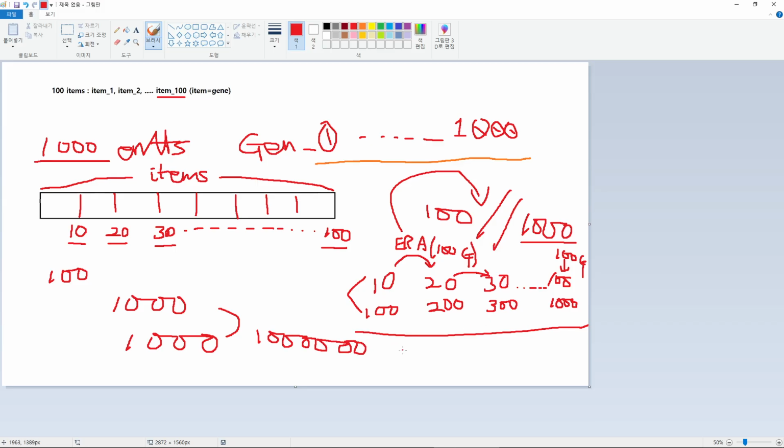But if you had 100 entities for 100 generations, that's 10,000. And then it's 200 entities times 100. That's 20,000. See where this is going?